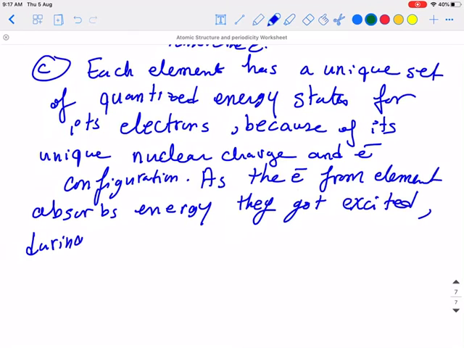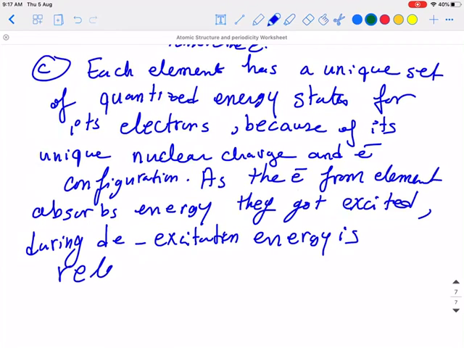And during de-excitation, the opposite process, energy is released as electromagnetic radiation.